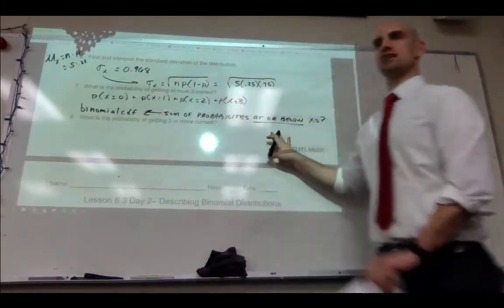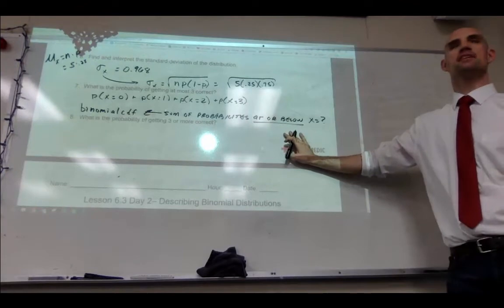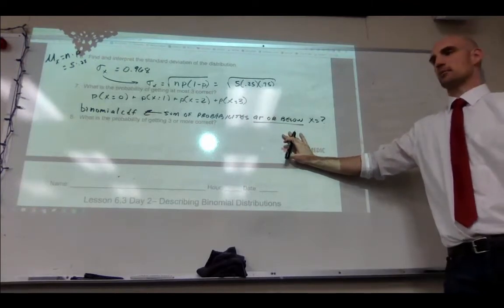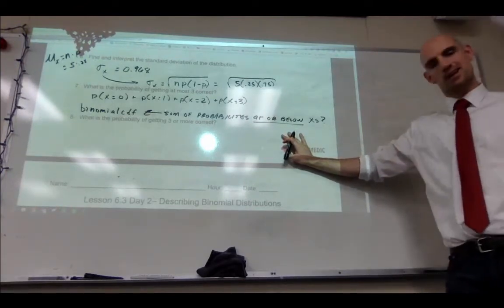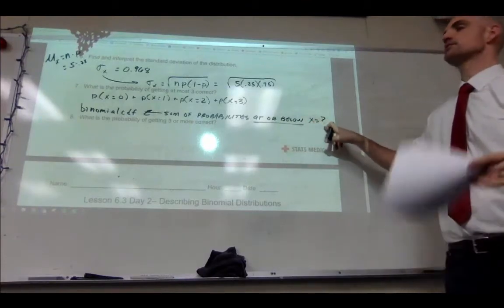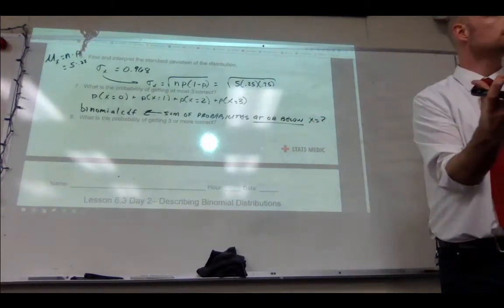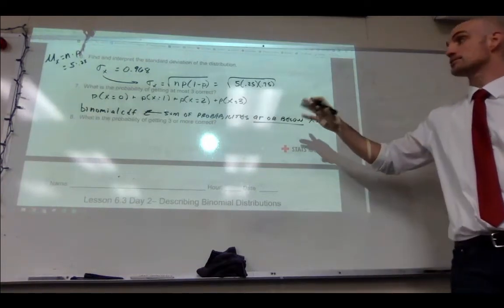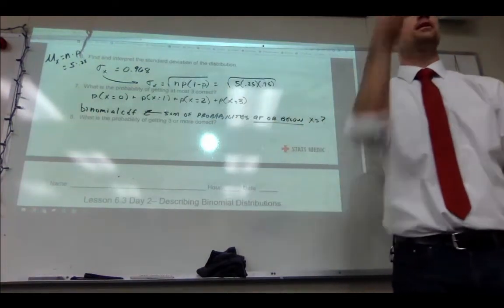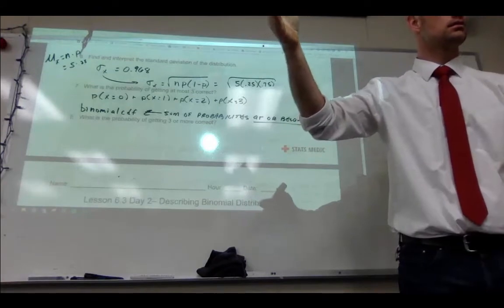Please make sure you understand this. PDF is the exact number. CDF is at or below, x equals, and I put a question mark, x equals the number of trials that we want. So if it says at most 3, that would be 3 or less.